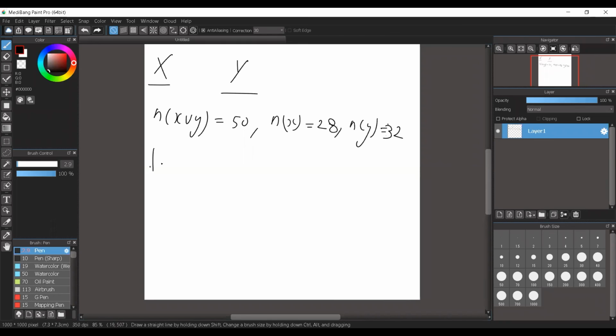We need to find n of X intersection Y. That's what we need to find.